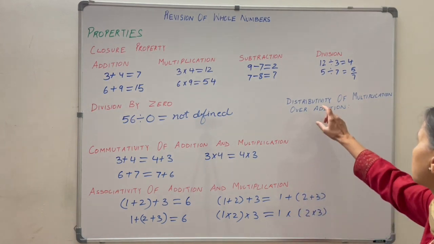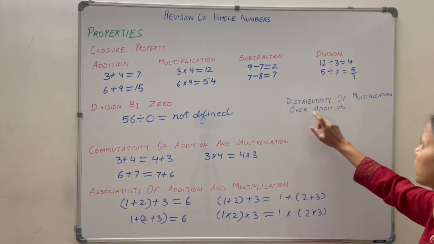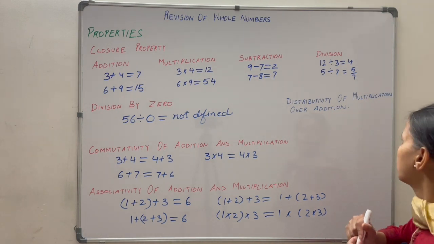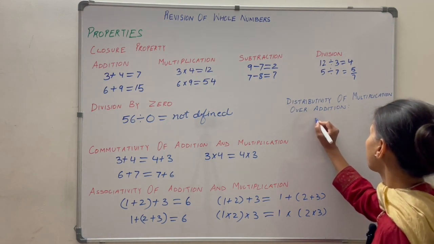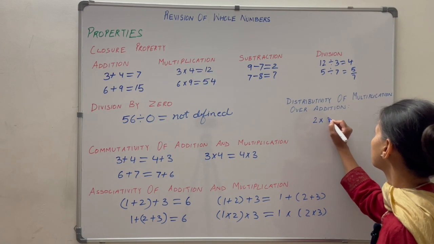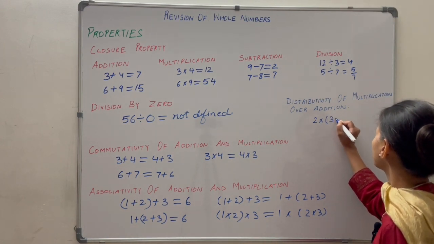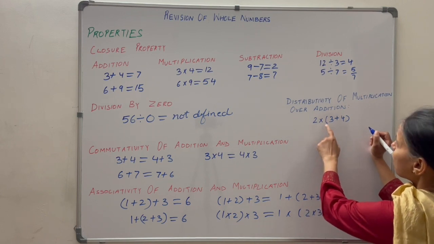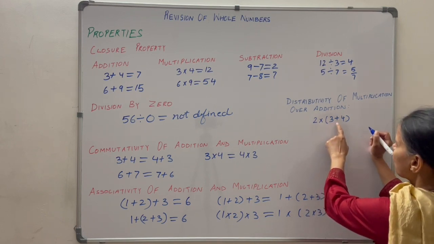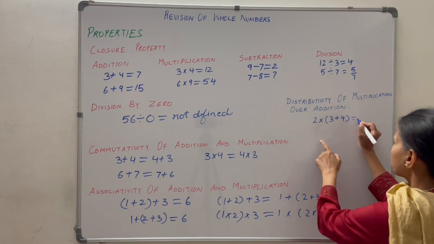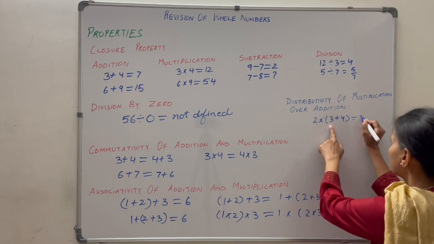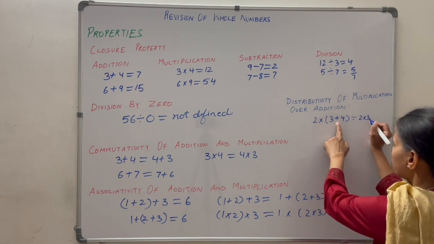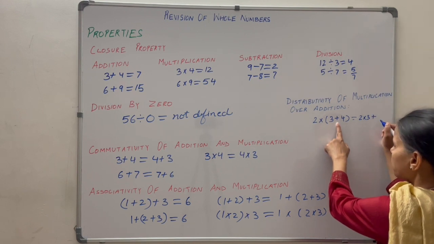Now let us discuss distributivity of multiplication over addition. Means if I have to multiply 2 into 3 plus 4. So first you multiply 2 into 3. Then here is a plus sign, so we put a plus sign.